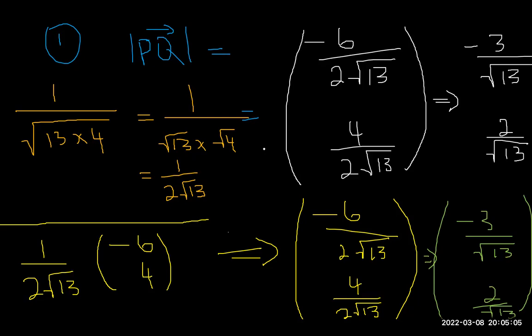Rationalizing is when you use the conjugate and all that, and you're not using the conjugate in this case. You're simply just simplifying, if that makes sense. So rationalizing is a form of simplification, but not all simplification is rationalizing. Do you get that? Okay.